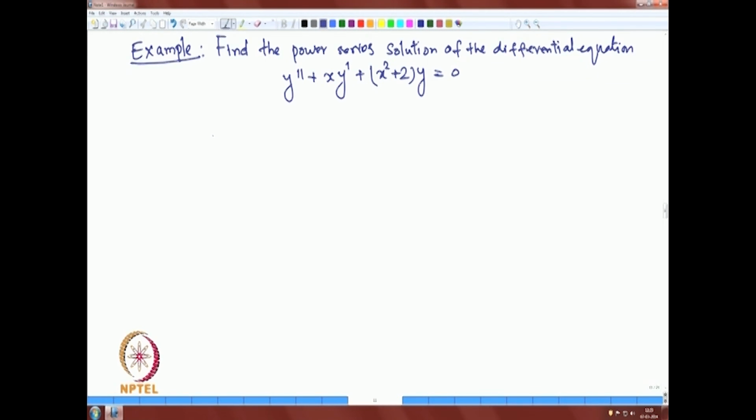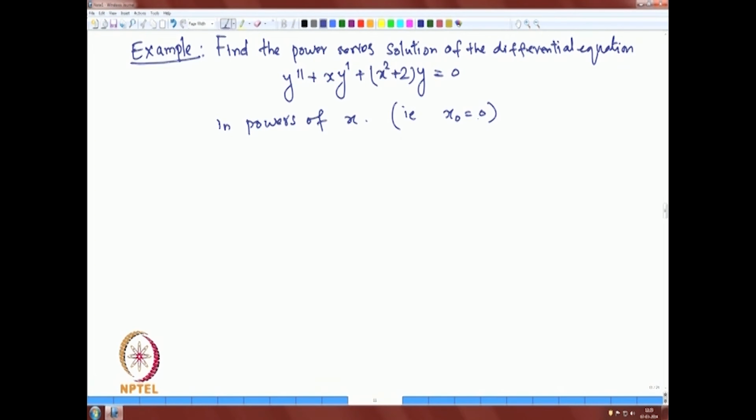So, find the power series solution of the differential equation in powers of x. So, the question is to expand or get the power series solution in powers of x, that is, you are asked to get the solution in powers of x minus x0, where x0 is 0.